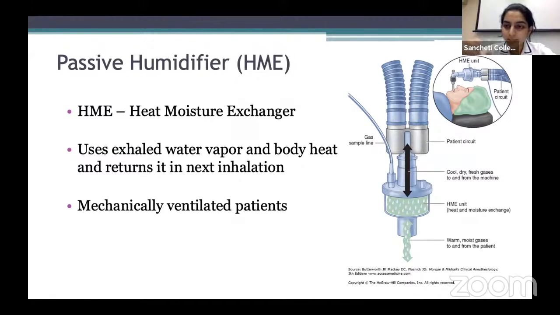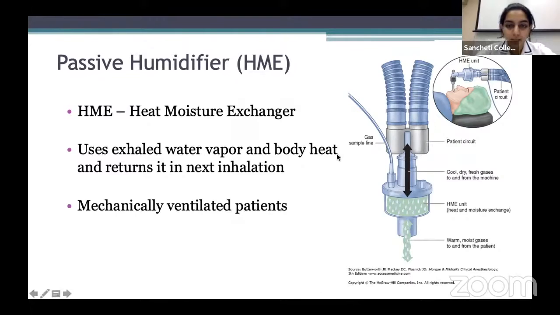It will hold it there. And then when the next breath gets delivered to the patient, that air will pick up the heat and moisture again and take it back inside the patient. So we are not introducing anything from outside. We're just using what is inside the patient and giving it back. That's why it's called a passive humidifier.